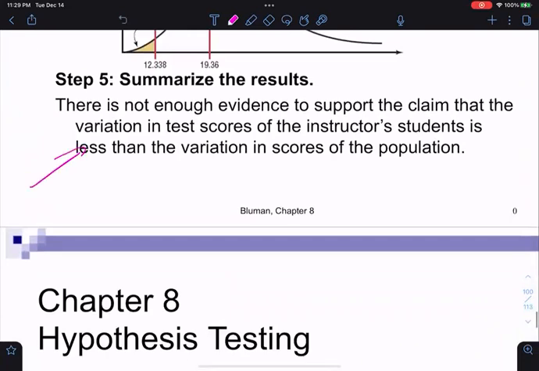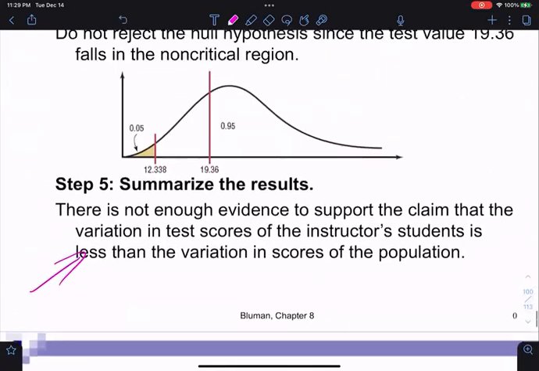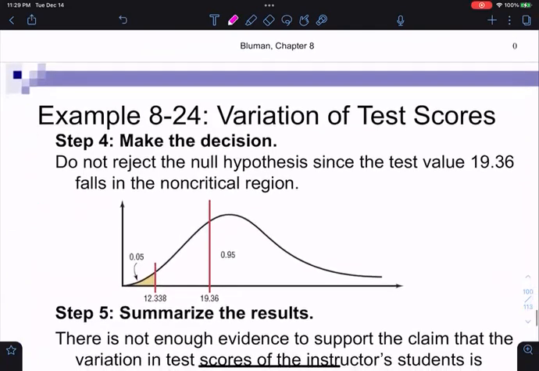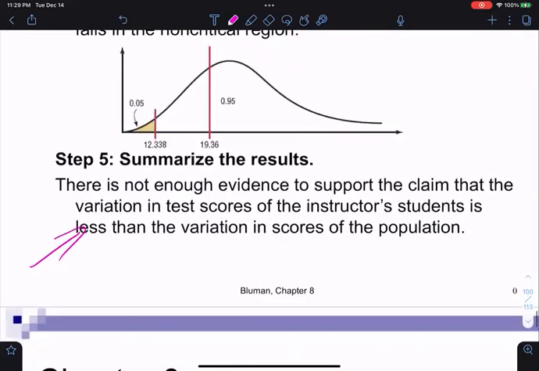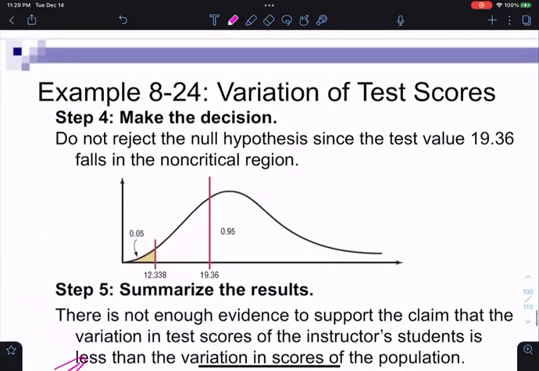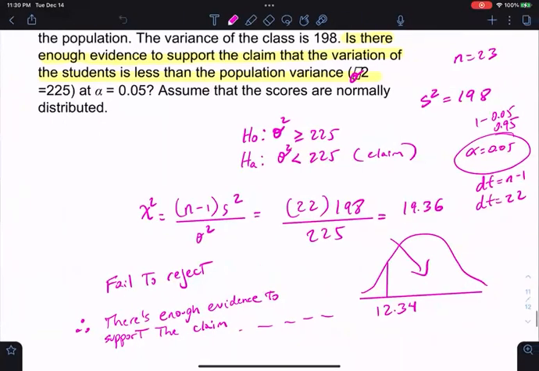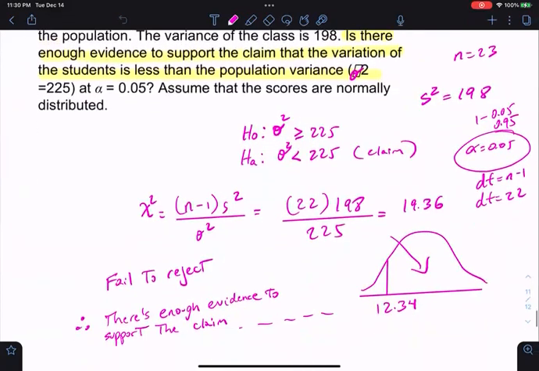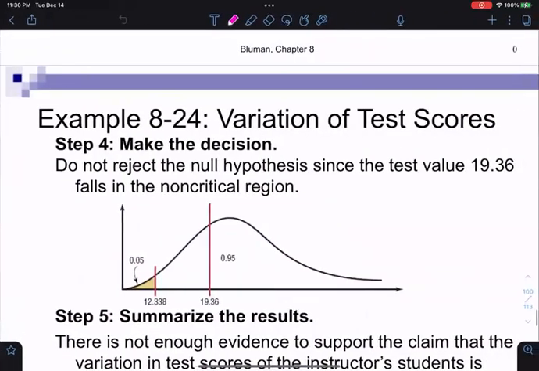They have here, there's not enough evidence to support a claim that the variation in the scores is less than the variation. Let me see what I wrote. Actually, I said there's enough evidence to support the claim. That's good because we failed to reject. Just want to make sure.